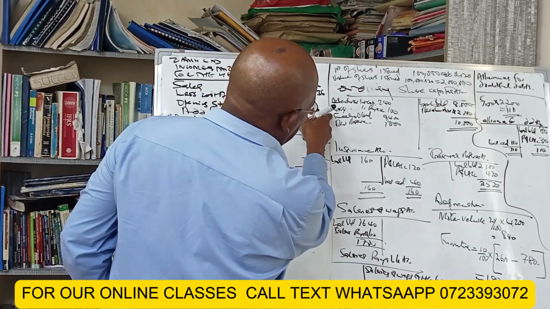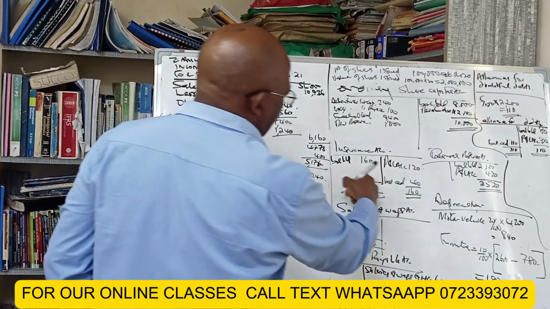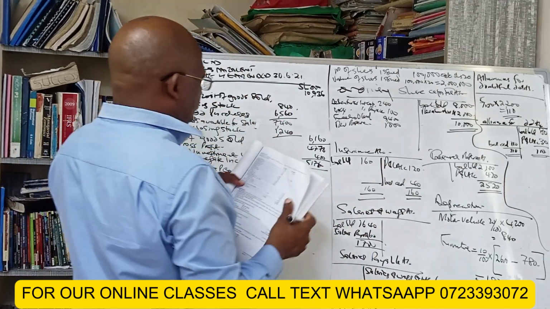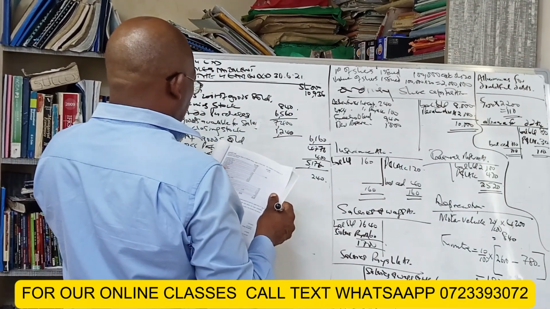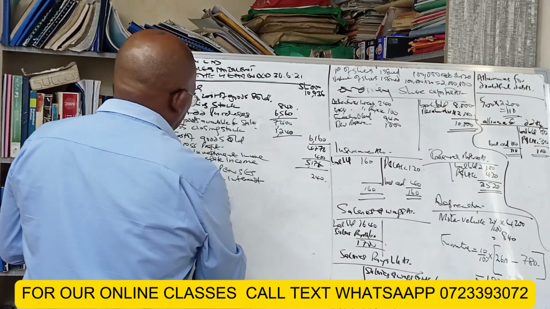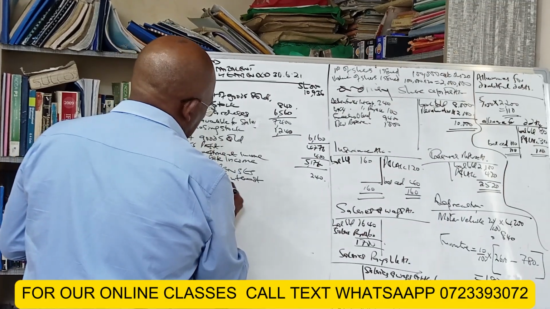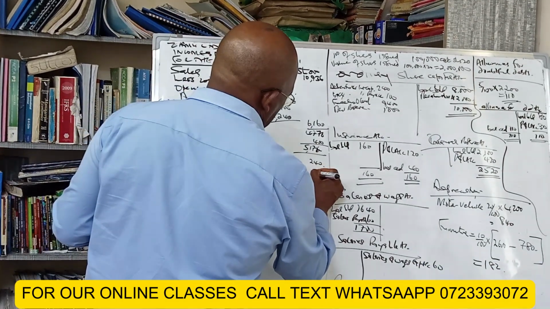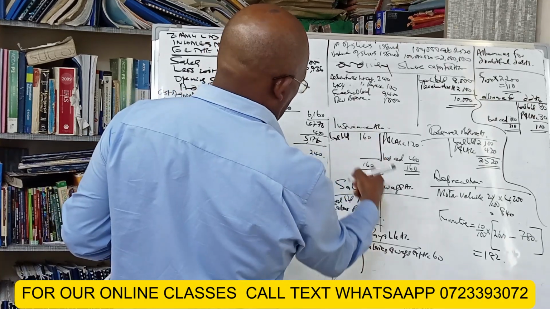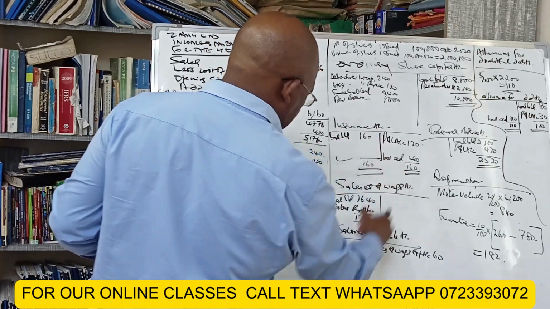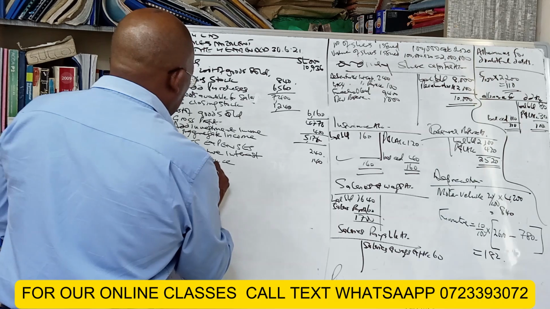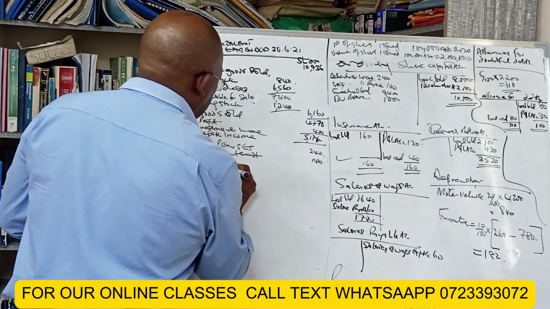Reserve is not an expense. So we have insurance expense of 120. Then we have salaries and wages, 1700.